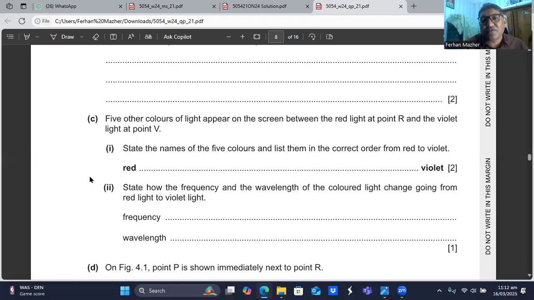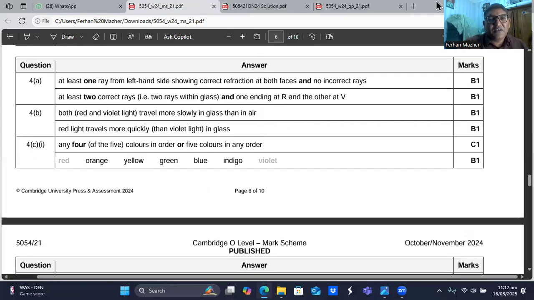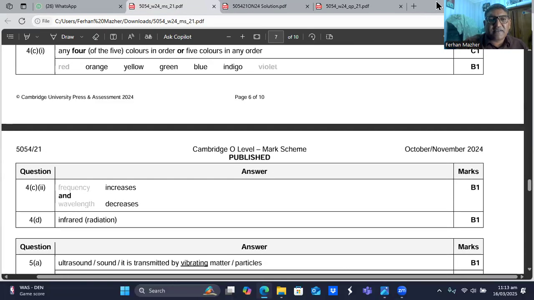The violet will have more frequency as compared to the red. And the wavelength decreases, so the violet will have less wavelength, the red will have more wavelength. So the frequency increases and the wavelength decreases. Okay, so this is the marking scheme.